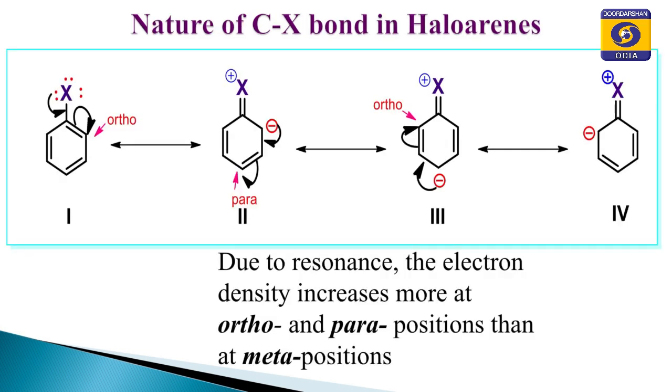From the resonating structures, it is clearly marked that negative charge is present at the ortho position as well as at the para position, whereas there is no negative charge at the meta position. So, this indicates that the ortho and para positions have more electron density as compared to the meta positions.